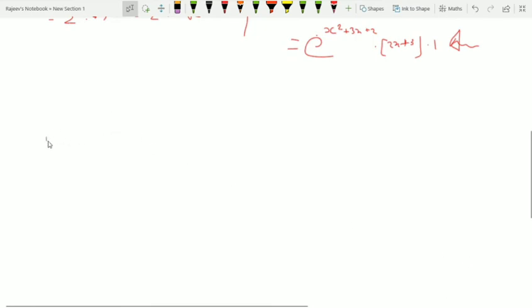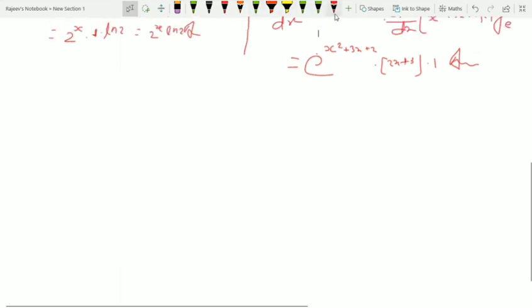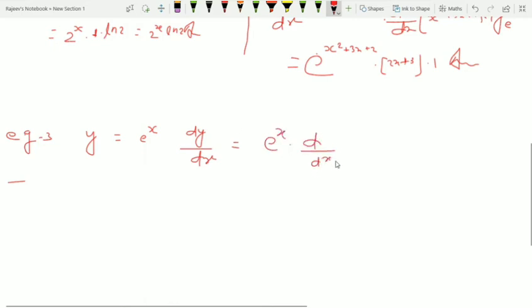Similarly, we can take one more example. You have to remember this also, because many times they will ask directly. Example third: if you have y is equal to e power x, what will be its differentiation? Quite easy. dy by dx is equal to what? Exponential function, so as it is, into the differentiation of the power, which is x, and log e.